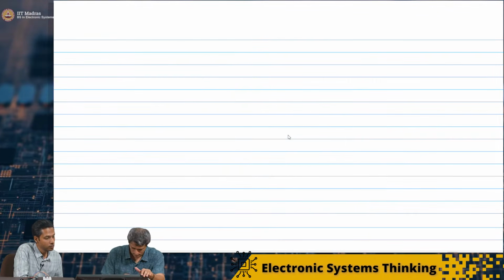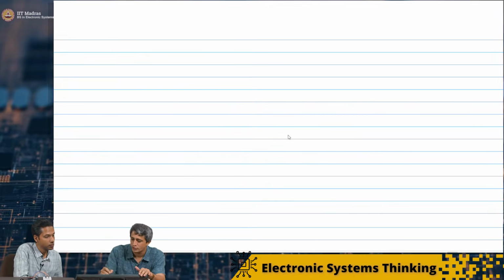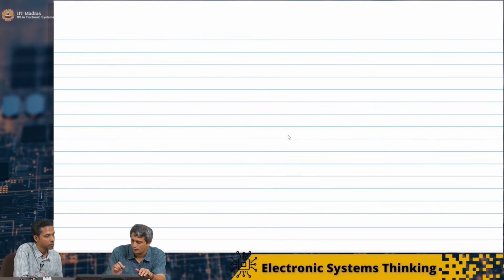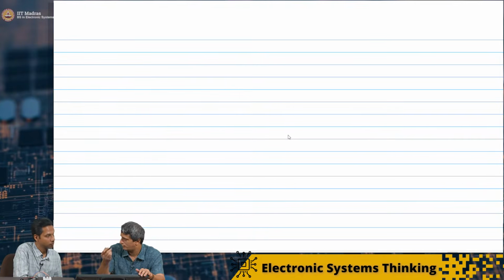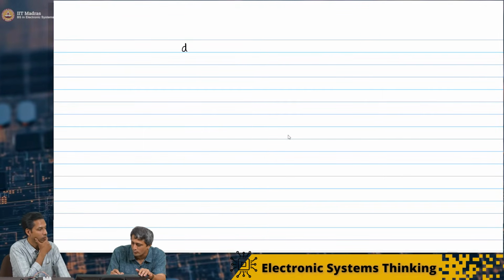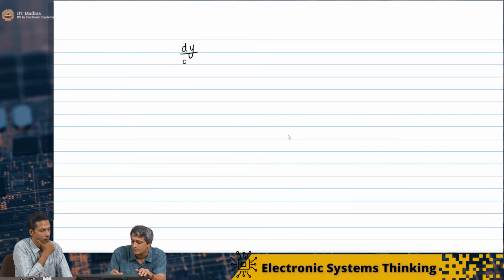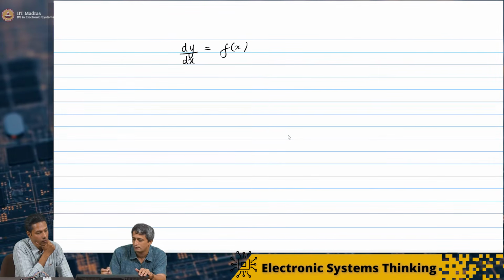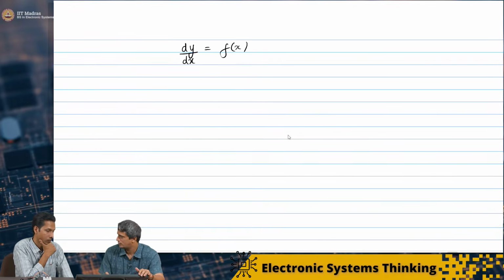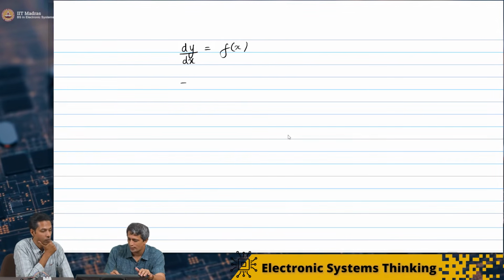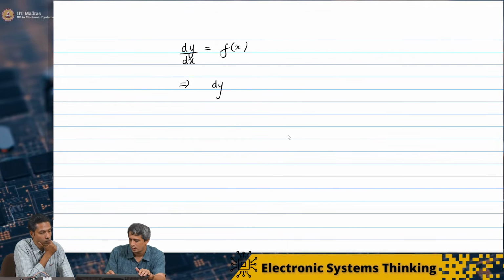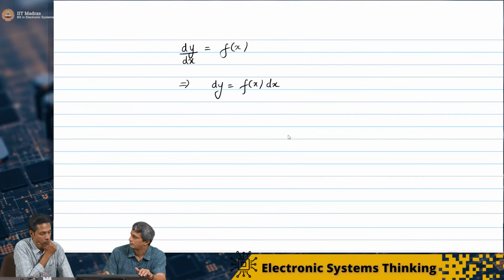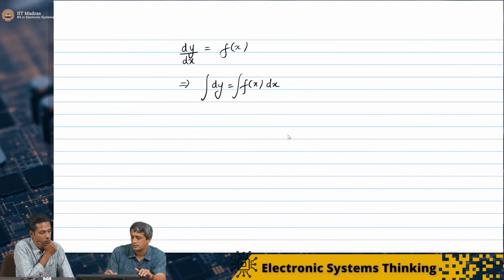Now, how do you solve such a differential equation? First of all, we have to look at what it is that we can solve in differential equations. The only equation that we know how to solve is dy by dx equal to f of x. Suppose we are given such an equation, then all we have to do is dy equal to f of x dx, and then I can integrate both sides.